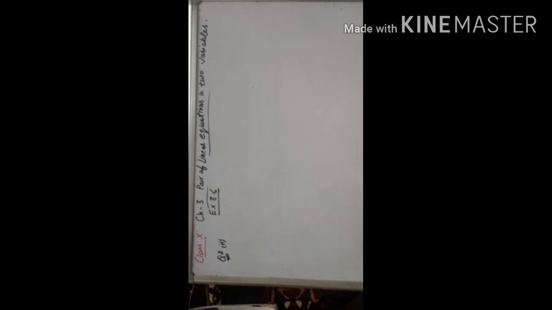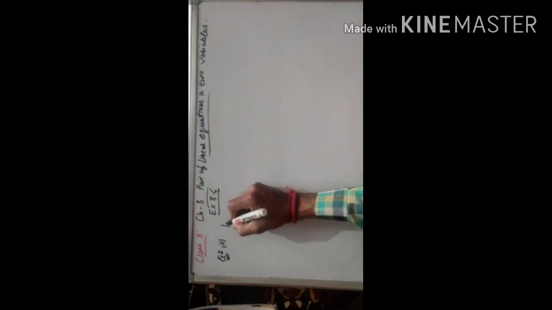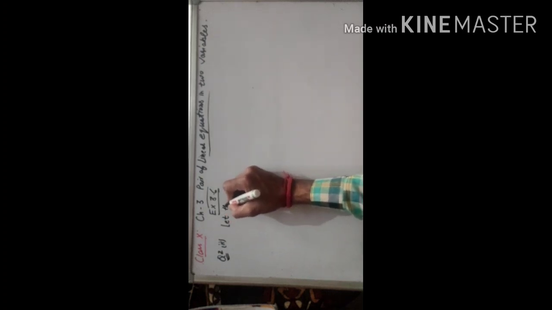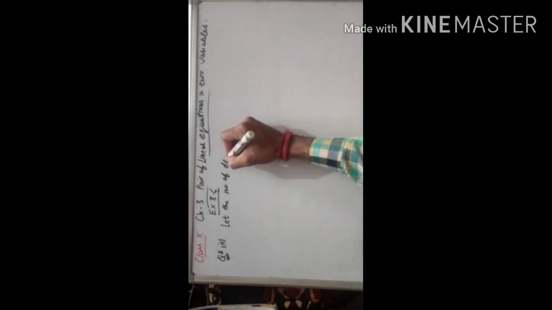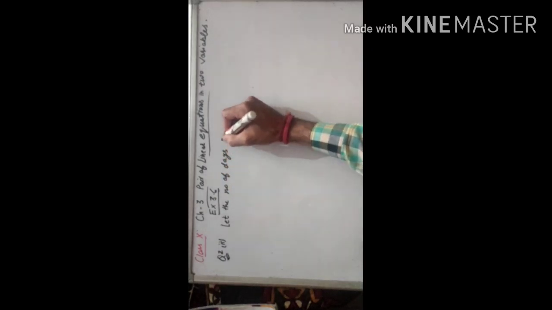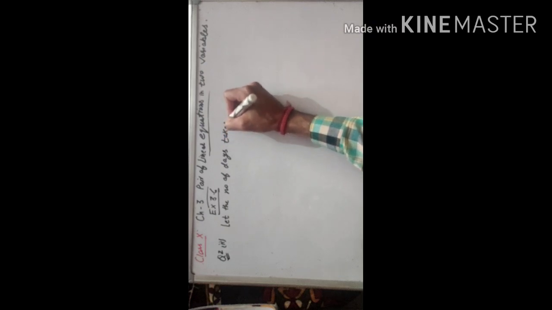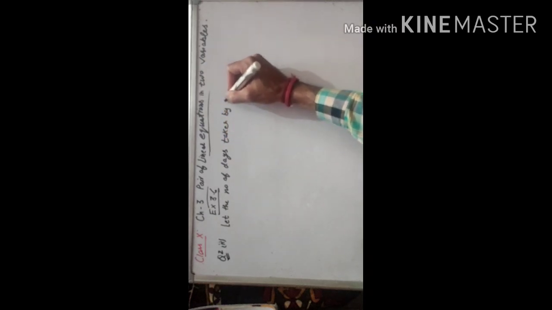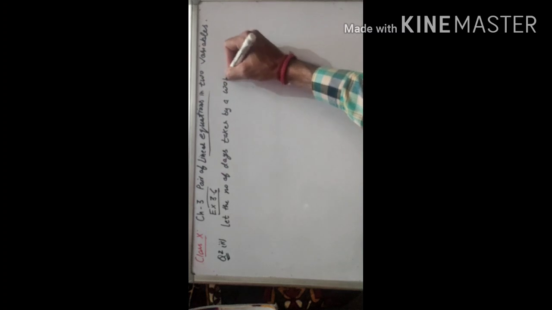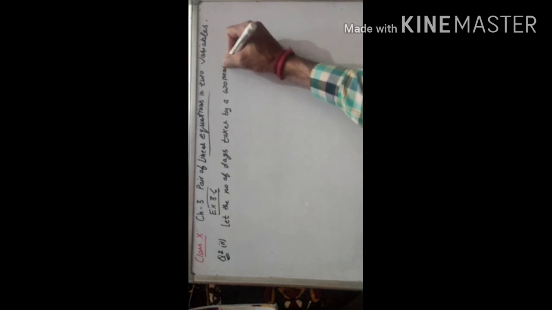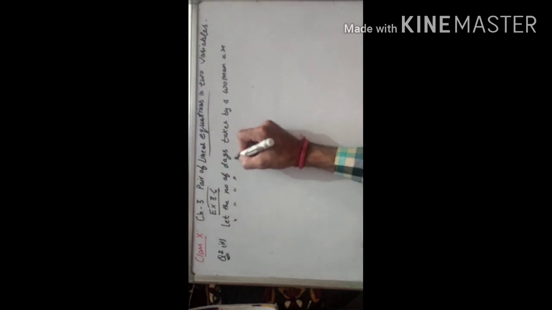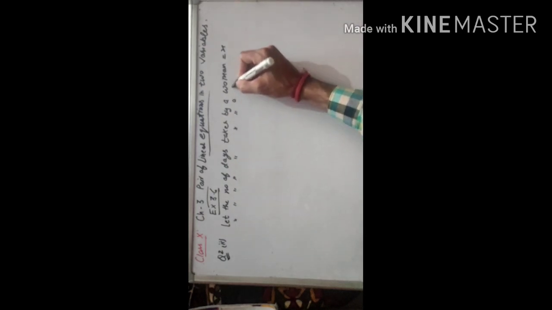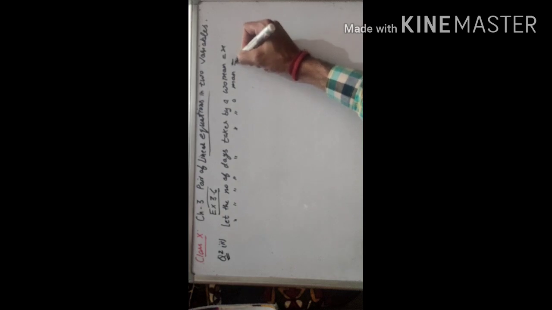Now in this question, let the number of days taken by a woman be equal to x. Let the number of days taken by a man be equal to y.